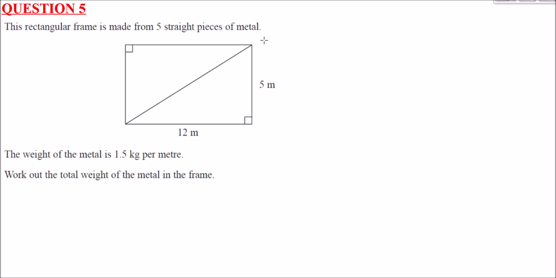So we need to look at this diagonal, which is attached to, of course, a triangle. So if I just take this triangle, move it to the side, like so, I can label in what I know about it. So the bottom length is 12. This one here is 5. It's a right angle triangle. I know two sides. I want to find a third.